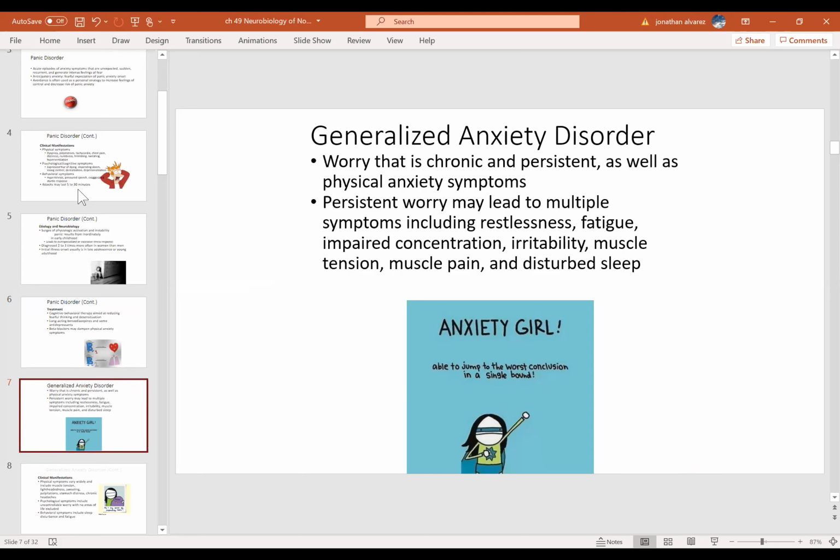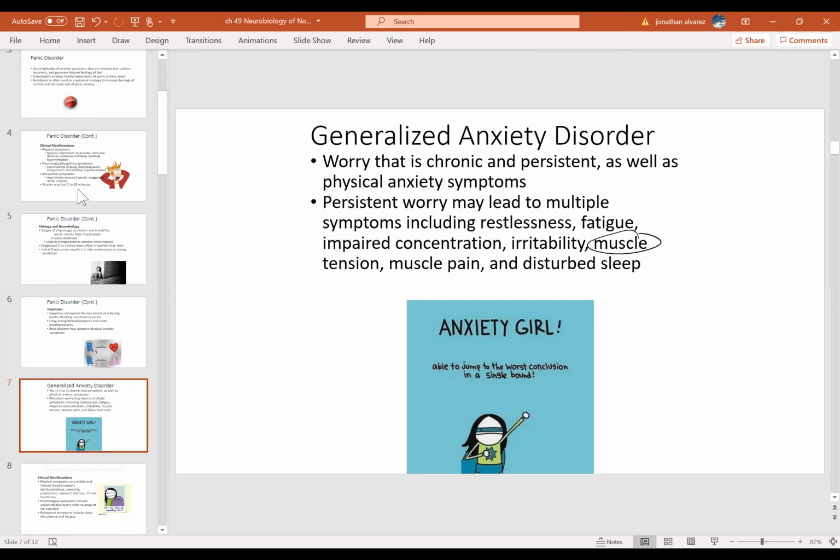So generalized anxiety disorder is just worrying all the time. Okay, and the worry, you're tapping into sympathetic, so your body's constantly releasing those particular neurotransmitters. And then as time goes by, restlessness, fatigue, impaired concentration, you're more irritable, muscle tension.